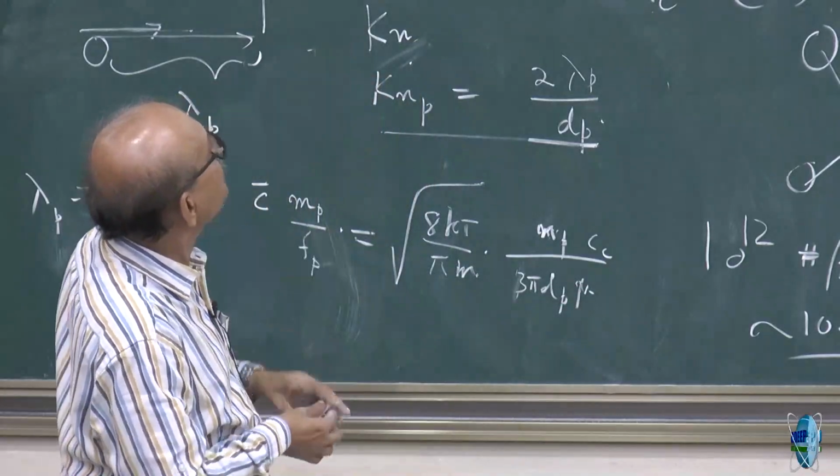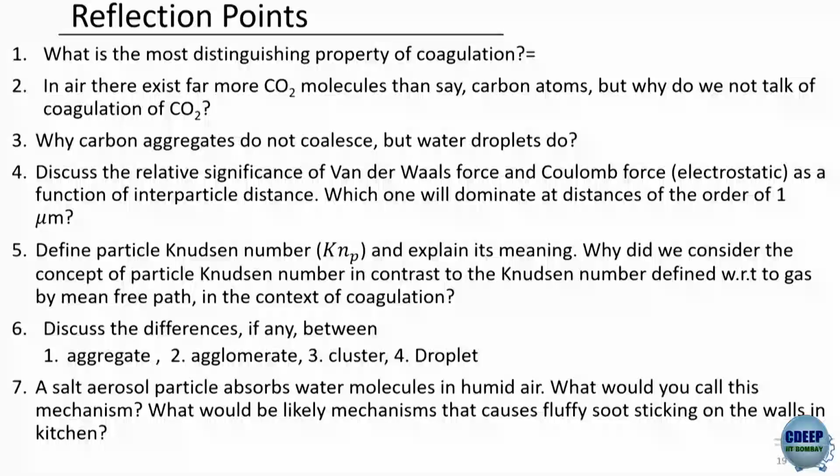The second one I mentioned: there are far more CO2 molecules than, say, carbon atoms. But why do we not talk of coagulation of CO2 but of carbon particles growing? Anyone? Why don't we talk of coagulation of CO2? It's just that there is van der Waals force.